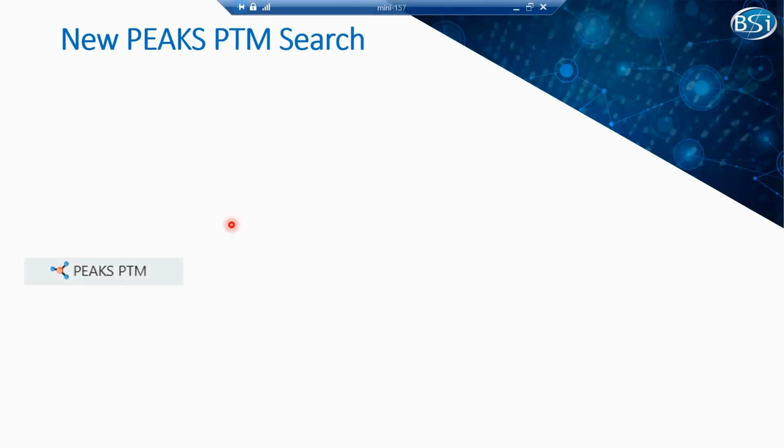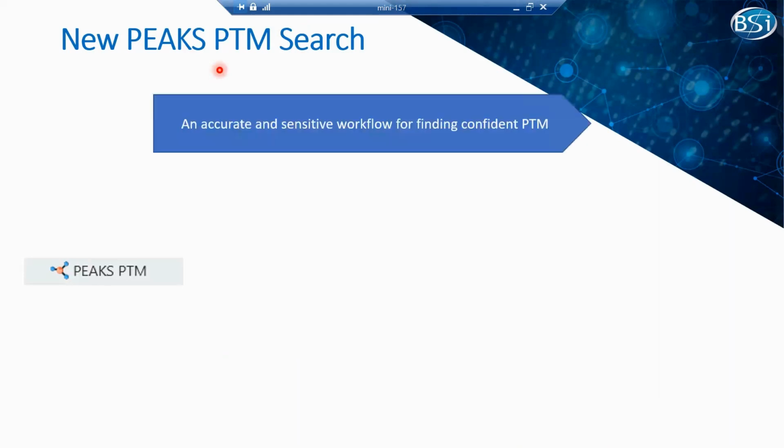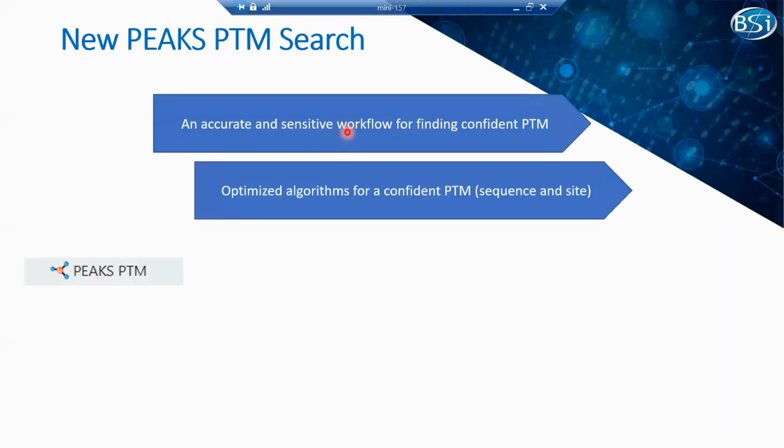Okay, so then we'll introduce the functions of our new PEAKS PTM search. Just like what I have said, PEAKS PTM is an accurate and sensitive workflow for finding confident PTMs. How can we say it's accurate and sensitive? The first thing is that, to ensure accuracy, we optimize our algorithm to find a confident PTM.